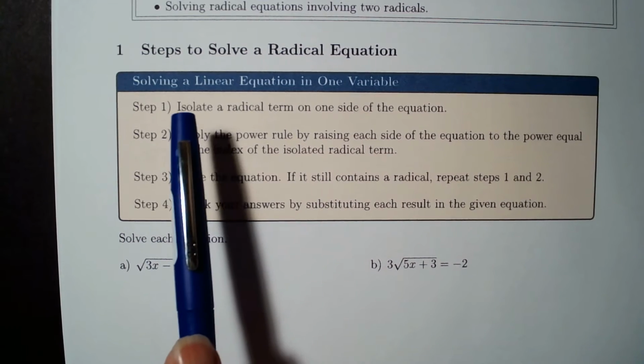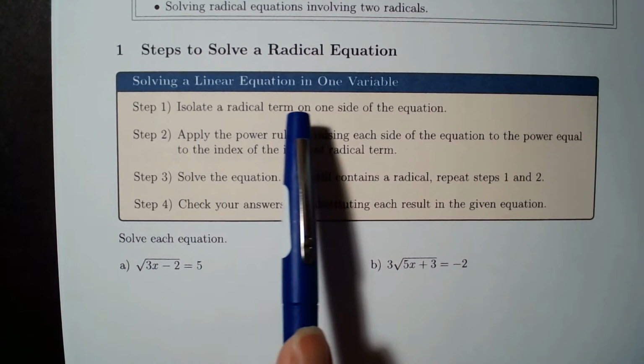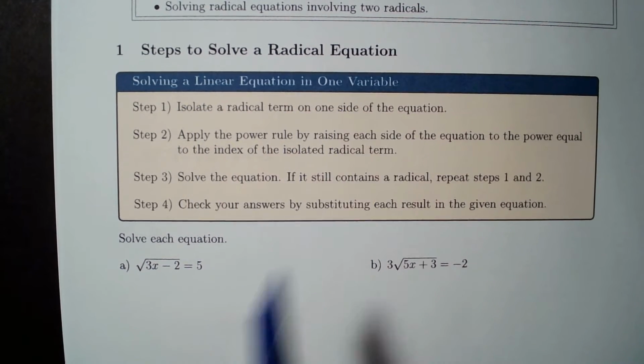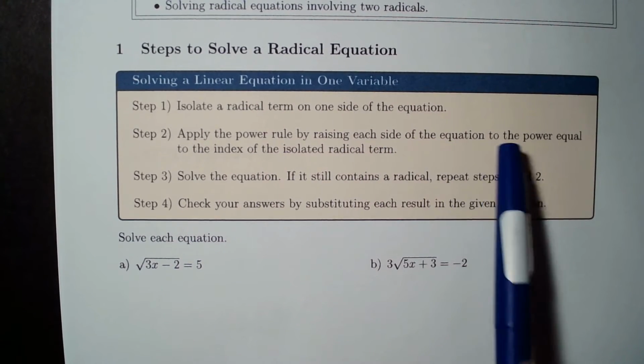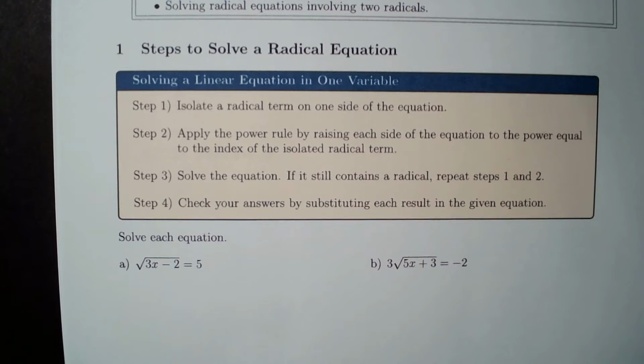First, make sure to isolate a radical term on one side of the equation. In other words, because we're going to have equations with two radicals, you want to isolate one. For the first ones, we're going to have only one radical expression. Then apply the power rule by raising each side of the equation to a power equal to the index of the isolated radical.